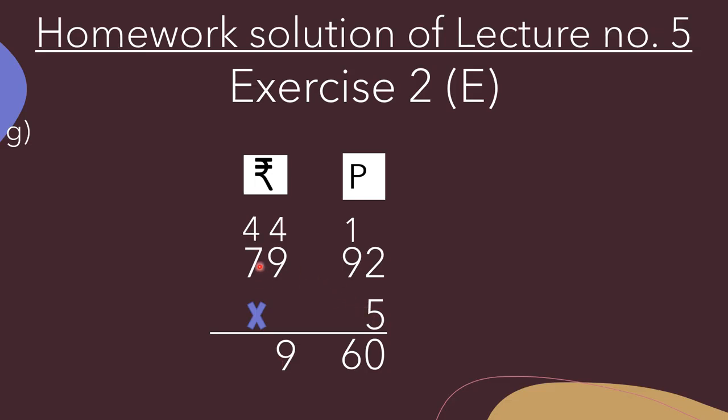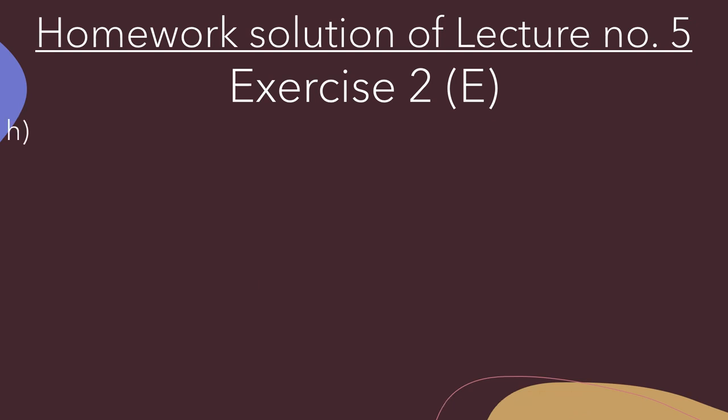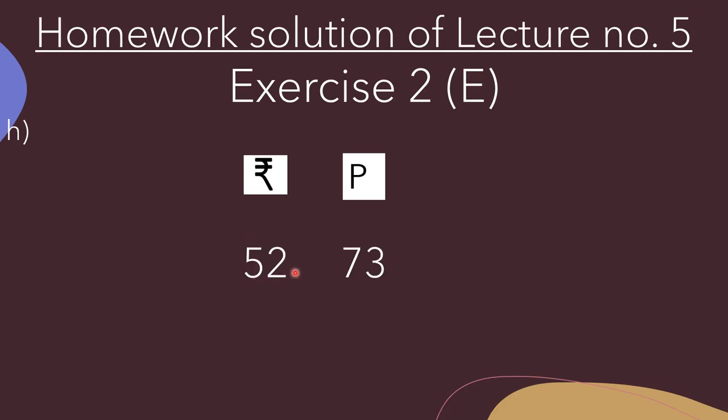Now 5 sevens are 35, 35 plus 4, that is 39. So here we will write 39. So what is the answer? That is rupees 399 and 60 paise. So here we will write it collectively. The product is rupees 399.60.